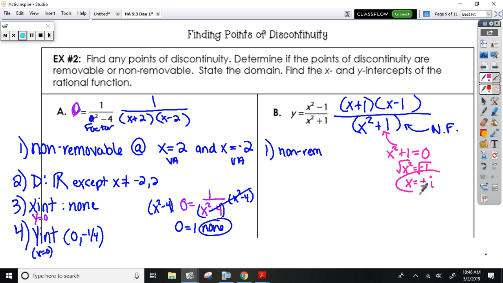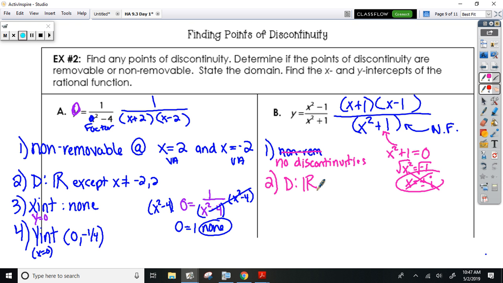No. So you can cross that off, and you're actually going to tell me that there are no discontinuities. There's imaginary numbers it's not allowed to be, but those don't affect our graphs here in a real coordinate plane. So step 2, there's no restrictions on the domain, so it's just all real numbers.